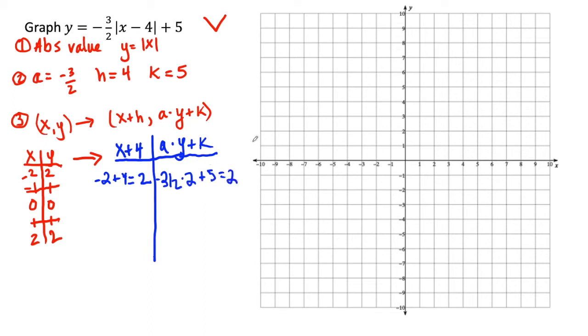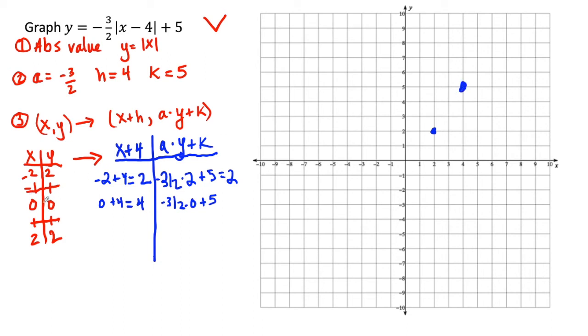And so I know I have a point at 2, positive 2. When I plug in 0, I get 0 plus 4. It's going to give me a new x value of 4. And then when I plug in 0 for y, we would have negative 3 halves times 0 plus 5. And so negative 3 halves times 0 is 0, plus 5 gives me the point 4, 5.